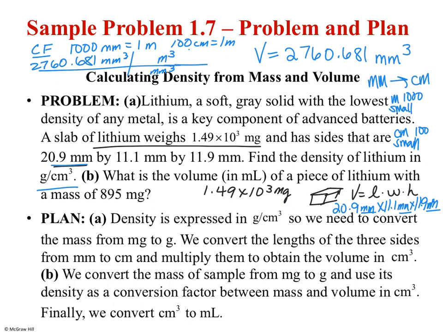I always go to the base unit, and then I'm going to go meter cubed into centimeter cubed. That'll get me into centimeter cubed. Now what do I do with the number? If I want to make this cubed and that cubed, I've got to do 1 cubed, and this one cubed.